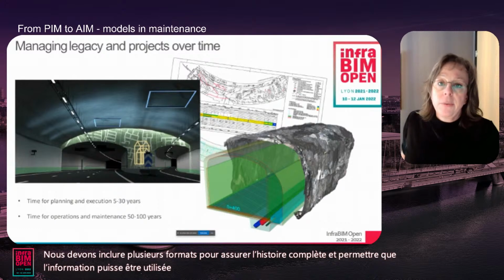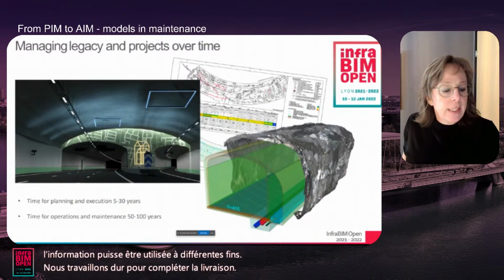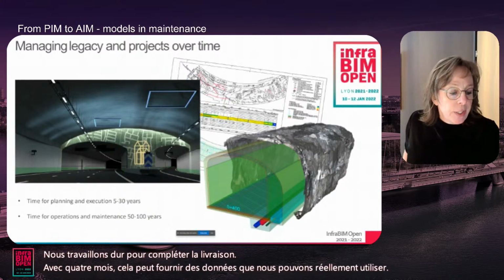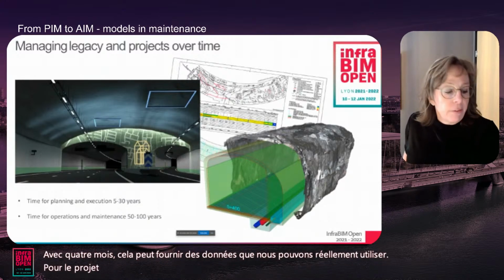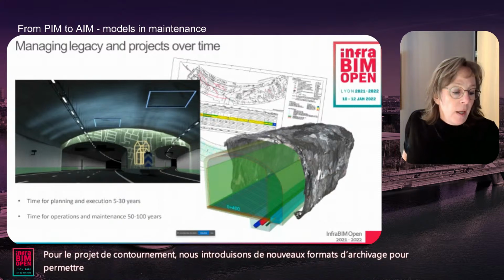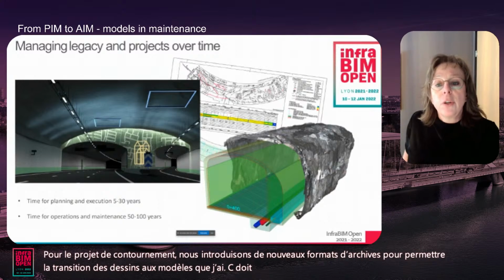We work hard to supplement the delivery with formats that provide data that we can actually use. For the Bypass project, we are introducing new archive formats to enable the transition from drawings to models. IFC is to become the new format for long-term preservation.